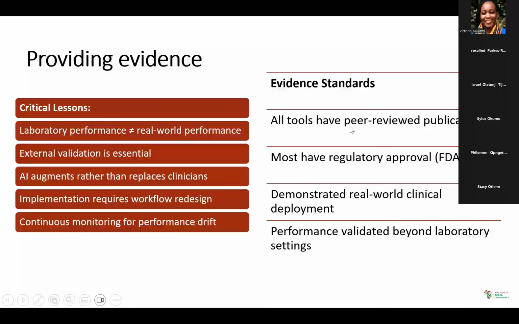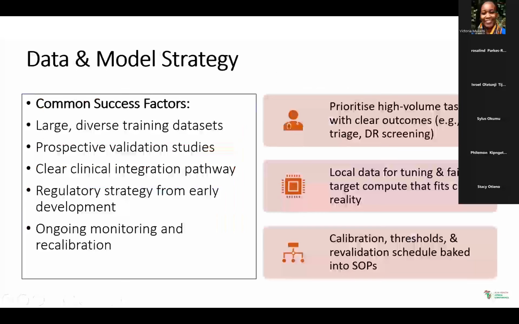Evidence standards. So all the things that I presented have had peer-reviewed publications. Most have peer-reviewed publications in medical journals, not in computer science journals. So showing that they have an effect on the patients. Most have regulatory approval. They've demonstrated that they work in real life settings beyond the laboratory. So what are some of the common success factors for these models?